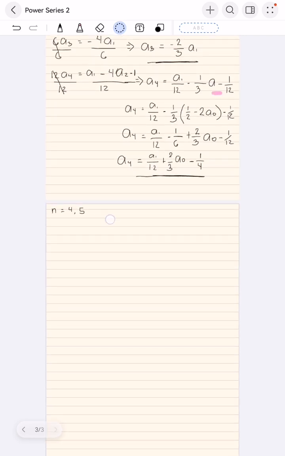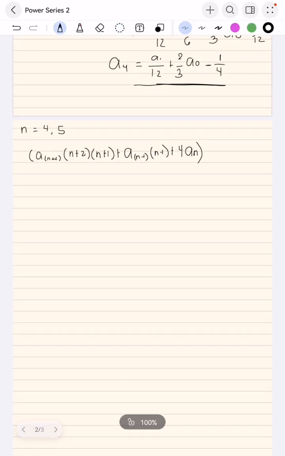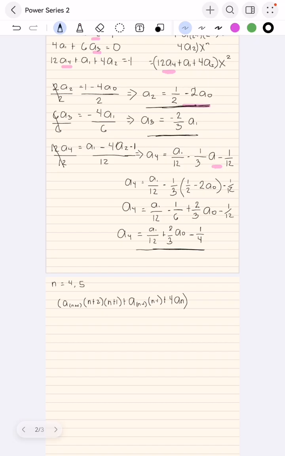Because we know that from n equal to, no, it should be 2 and 3 and 4, 3 and this would be equals to 0.